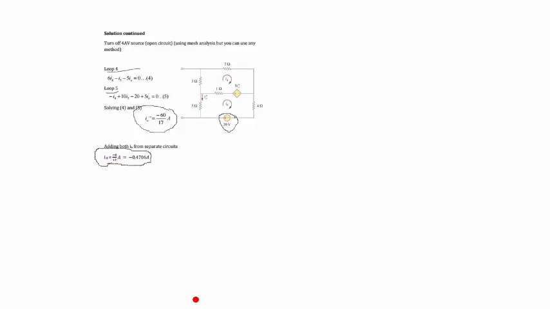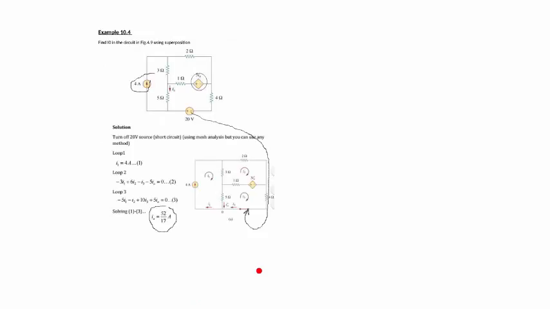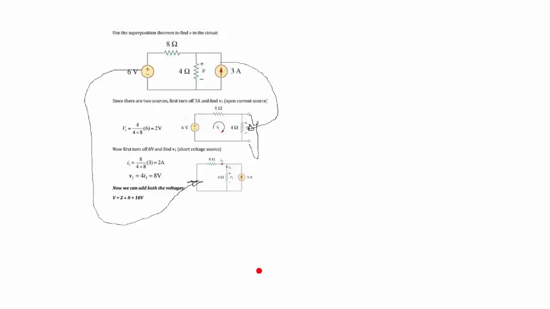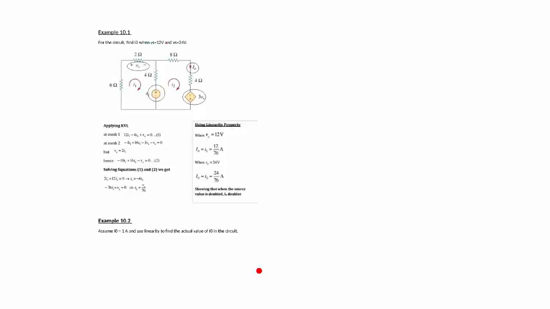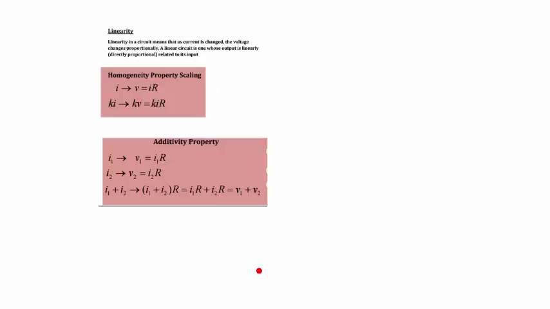Okay. So just a quick review of whatever we have covered so far. Note that linearity is an application of nodal and mesh analysis. It uses ratio, okay, to find whatever the question is asking, either voltage or current, I0, P0.